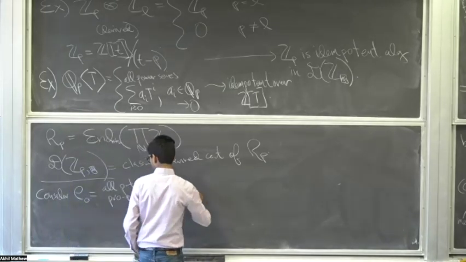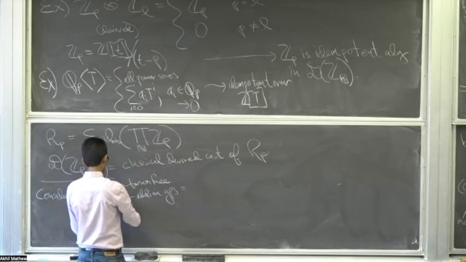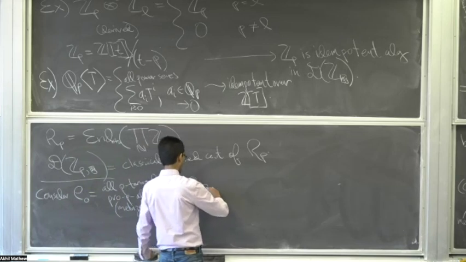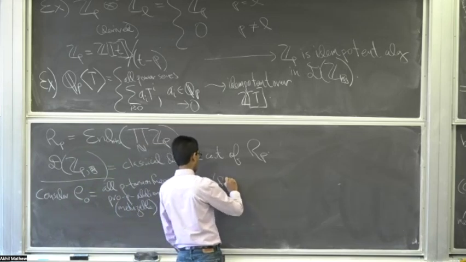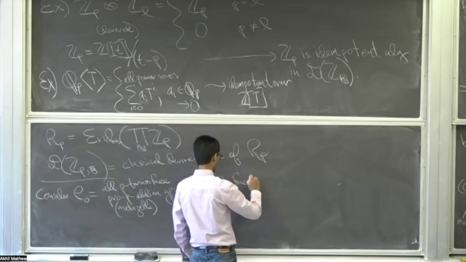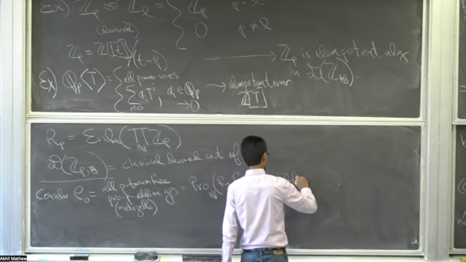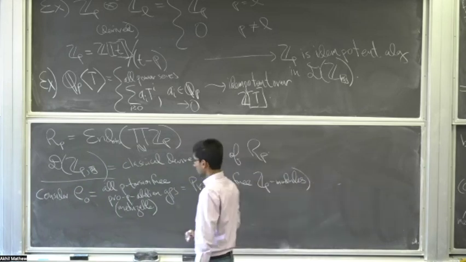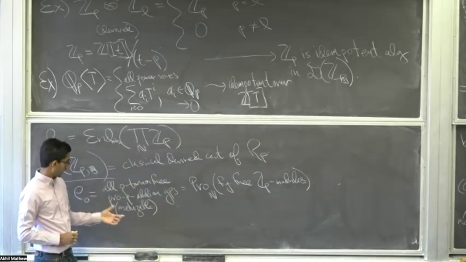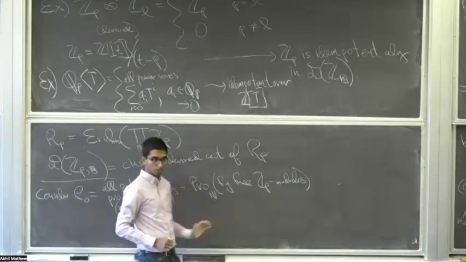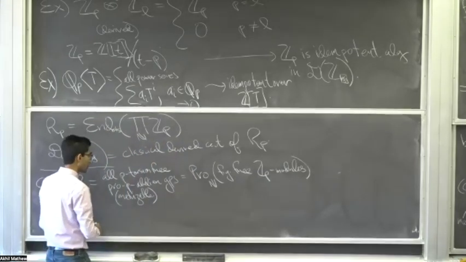So I guess this is the countable pro category of finitely generated free ZP modules. We can take the countable pro category of finitely generated free ZP modules.